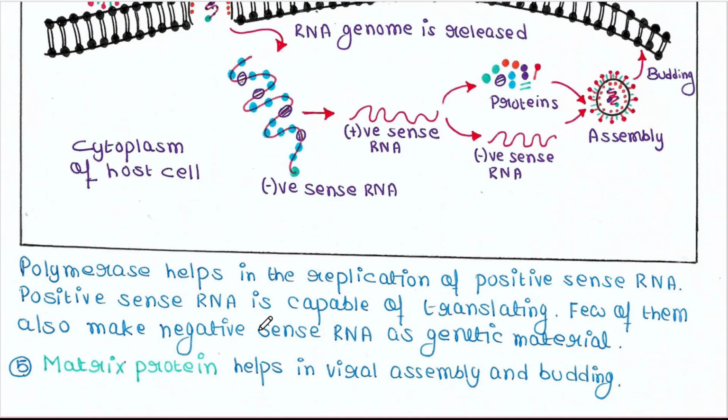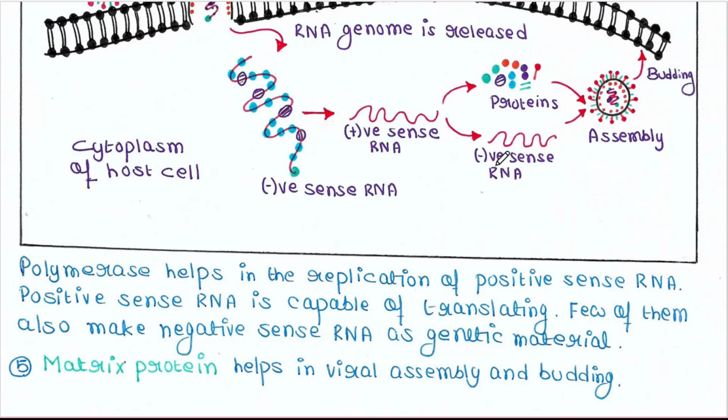That polymerase helps in the replication of positive sense RNA. And positive sense RNA is capable of translating, so it will make different proteins of the virus, and a few of the positive sense RNAs also make negative sense RNA as genetic material.